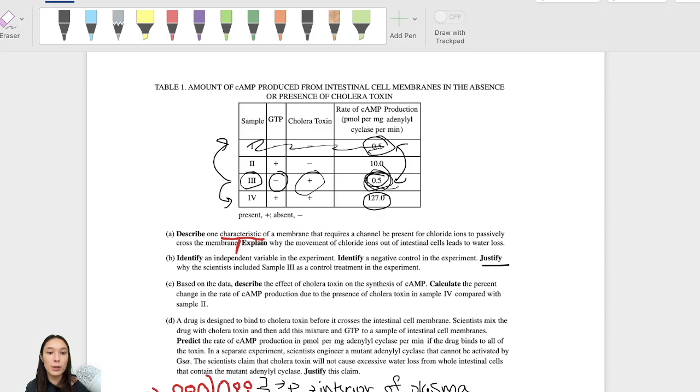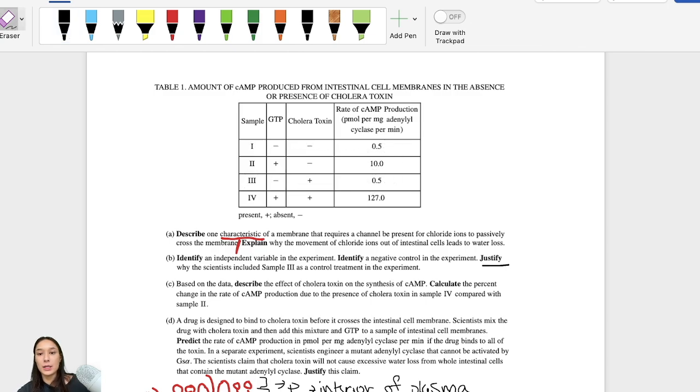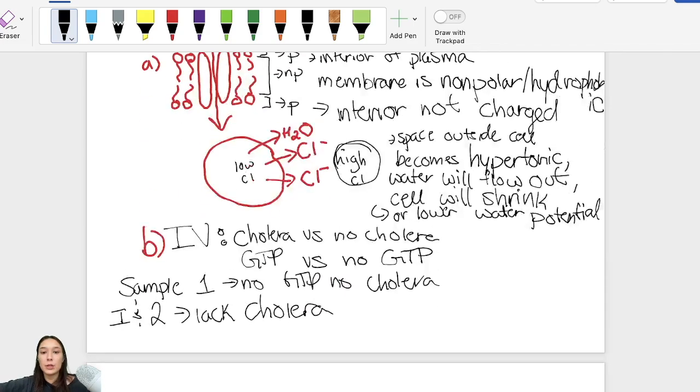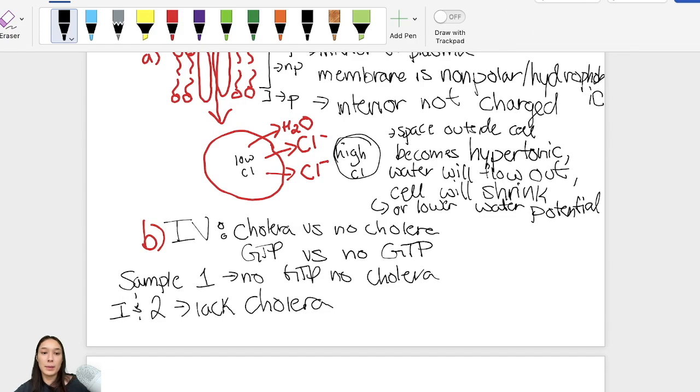You could also compare sample 3 and sample 4, which is going to enable scientists to evaluate whether the activity of the toxin requires GTP. So that's a little bit farther, but the main point of this is going to be to really just see what that effect of that GTP is going to be. Okay. So for B, I'm going to say that sample 3 is a control. Let me move this down.